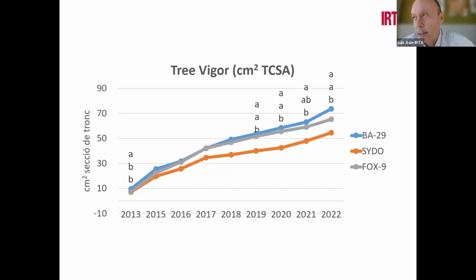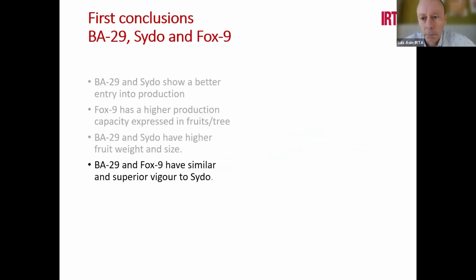The yield in kilos per tree is similar, but with a higher number of trees, the yield expressed in tons per hectare will be higher. BH29 and Fox9 have similar vigor, superior to Sido.